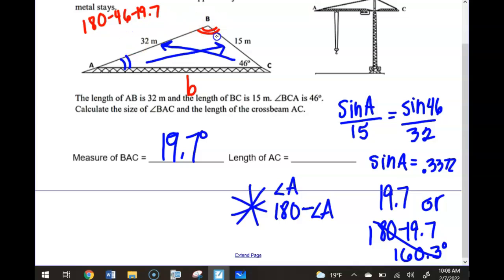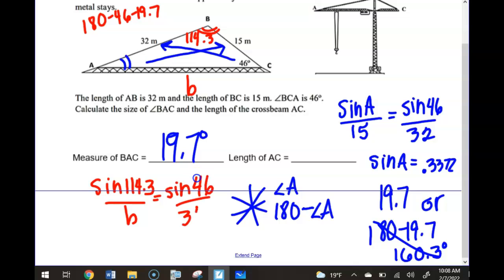Let's see, 20. Somebody help me. Something 0.3. 114.3. Thank you. So then we just have the sine of 114.3 is across from B. In the same way, I'm going to use the 46 and 32 since that's what we were given to begin with. All right, I'm just going to let you finish that.